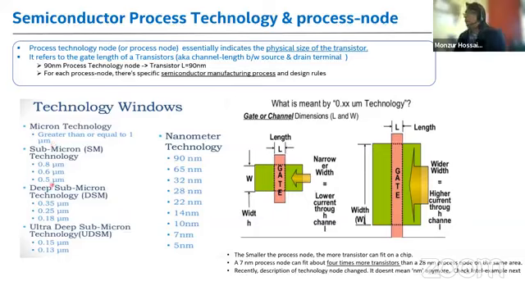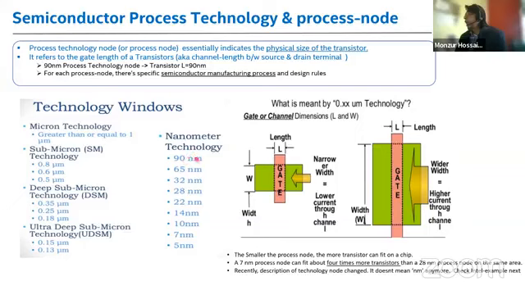On the left-hand side, you see some terminology. Micron technology means your transistor gate length is 1 micron. Submicron is less than 1 micron. Deep submicron technology means from 0.35 micron to 1.18 micron. Then ultra deep submicron technology, and then nanometer technology.